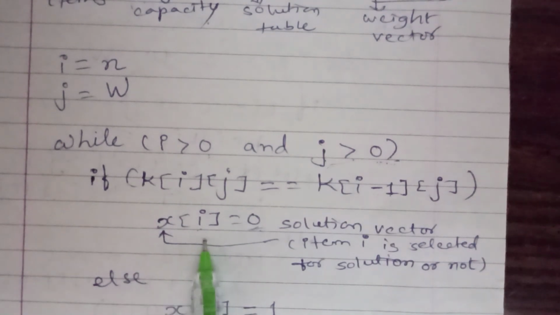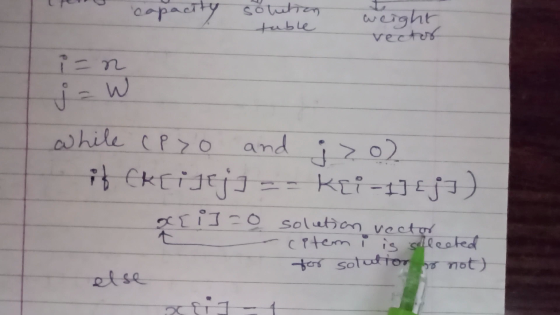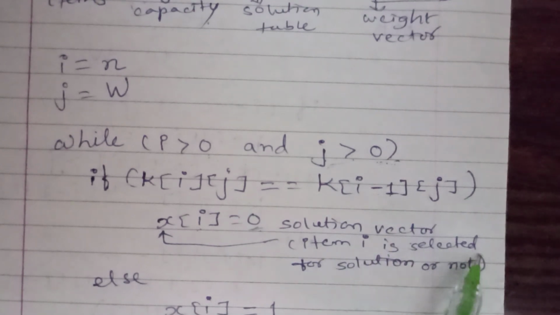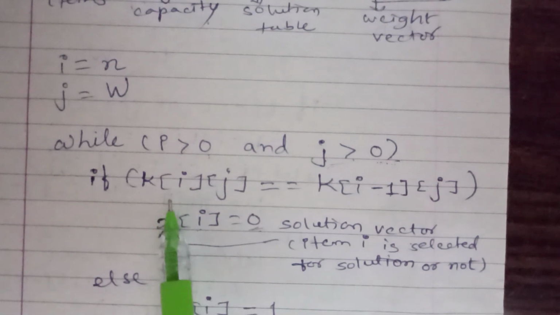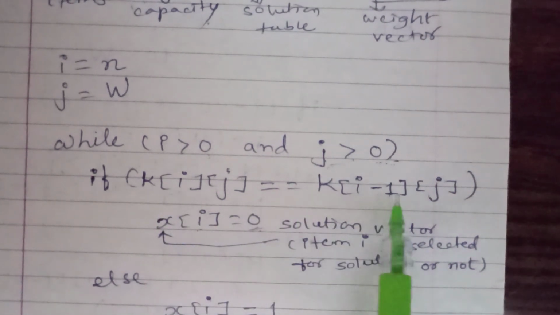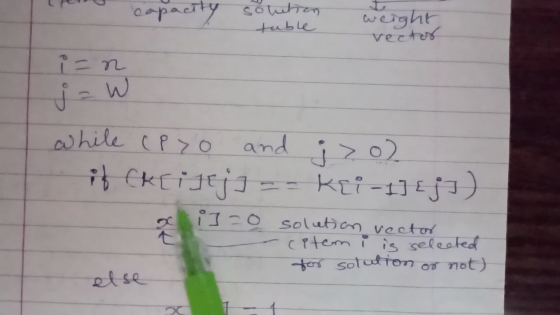So we say x of I equal to 0. Here x is the solution vector. If item I is selected, we will store 1. If the ith item is rejected, we will store 0. So where K of I, J equals K of I minus 1, J, we reject the ith item.